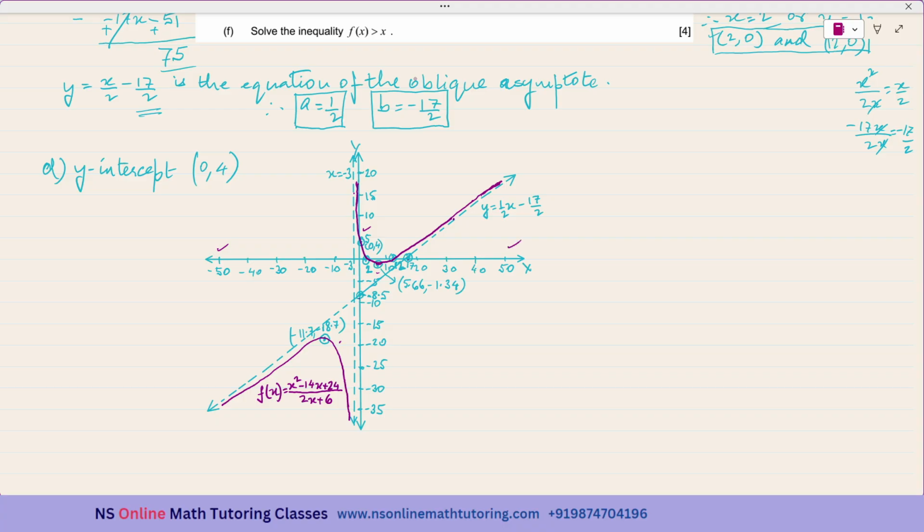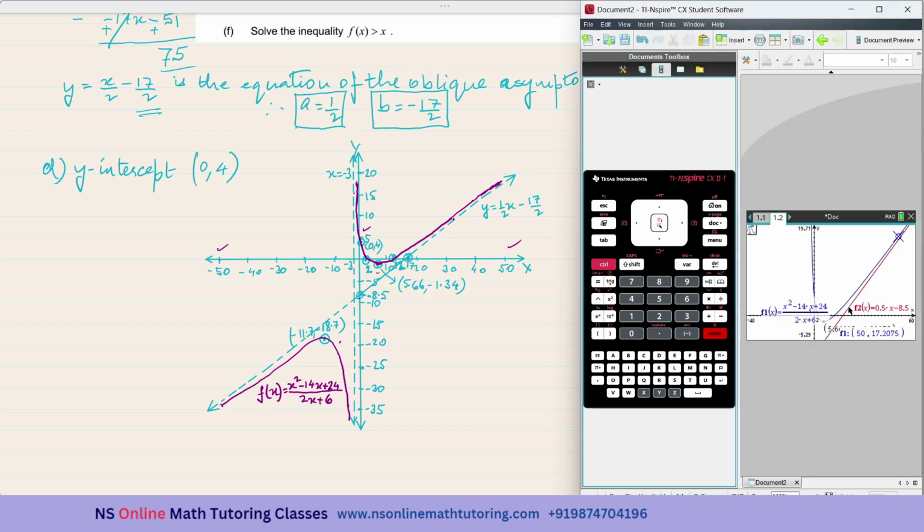So you should be bringing this line to x equal to negative 50. Let me show the calculator. If I just take 50, it is 17.2. You see, when x equal to positive 50, it is 17.2. So you have to bring it to x equal to 50.